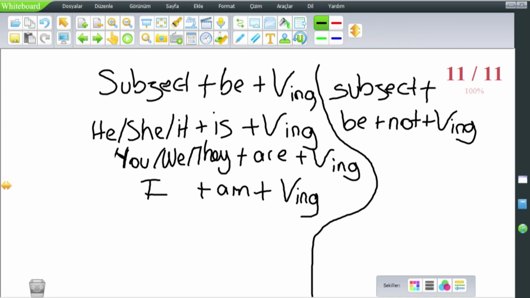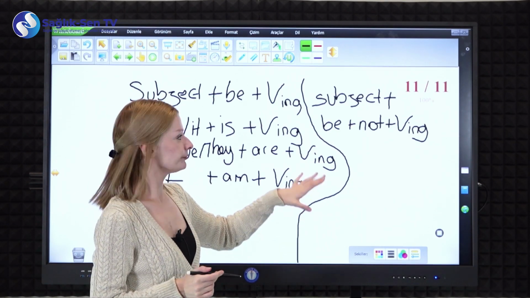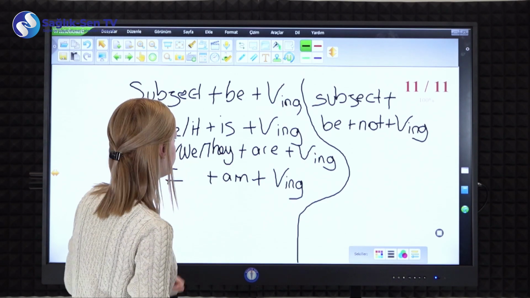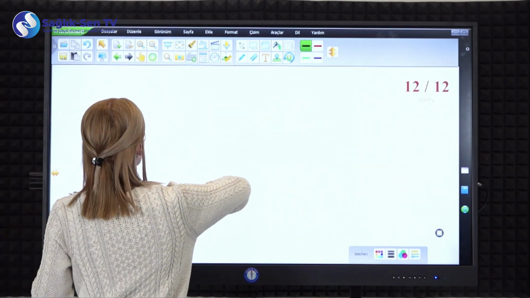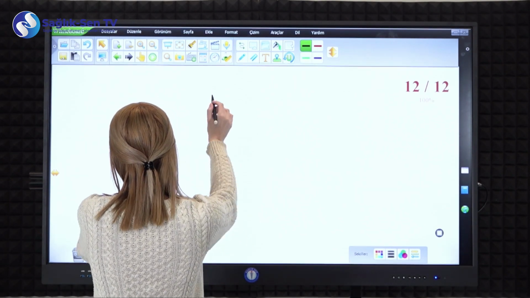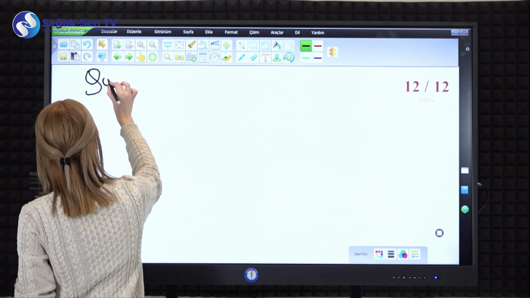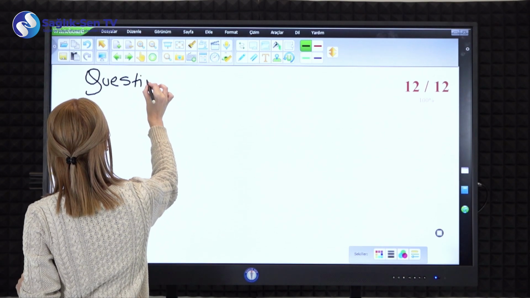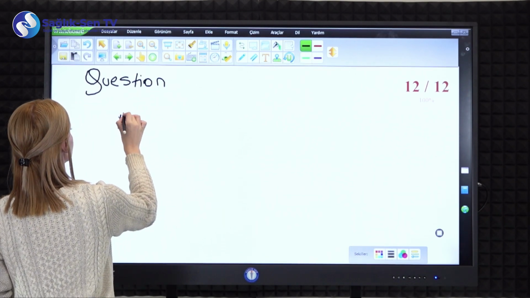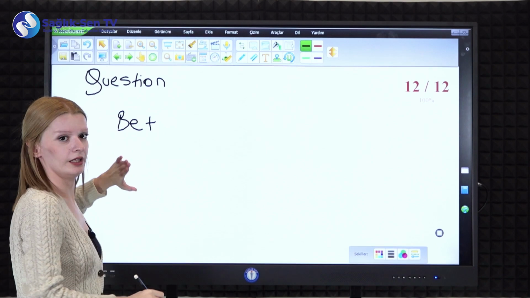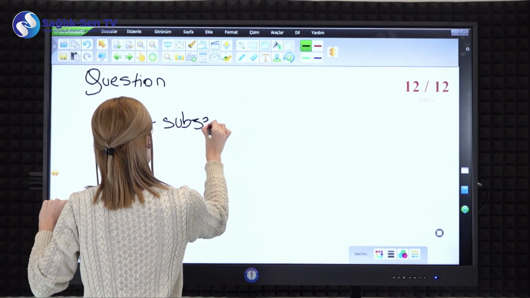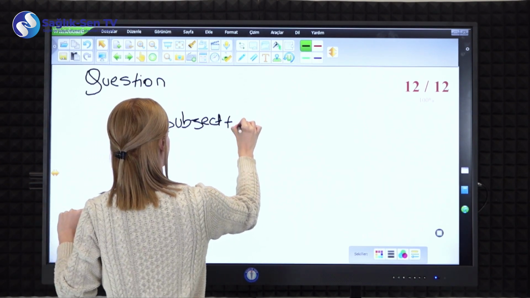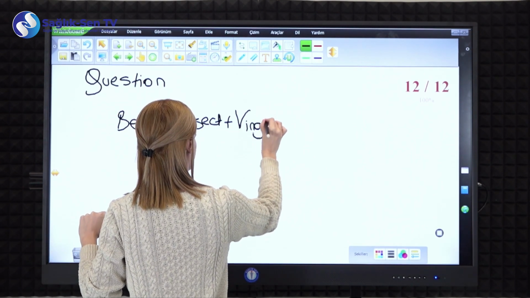You, we, they, are not, aren't. I am not. This is the negative sentence. It's an easy one. And if I want to look at the question form, I write my be in the beginning, then my subject, and then verb ing.